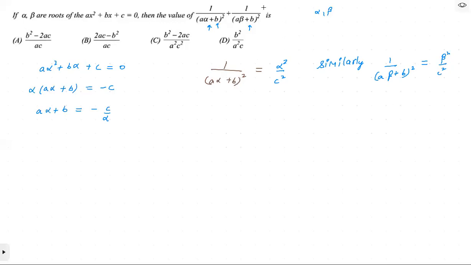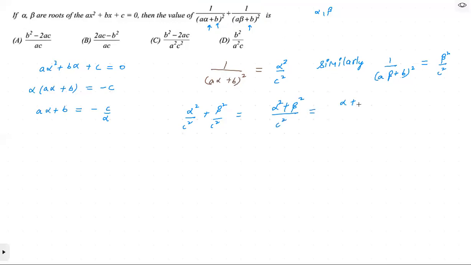So this entire expression is now converted to alpha square by c square plus beta square by c square. So rest are just the calculations. So alpha square plus beta square, now see how we will do this.